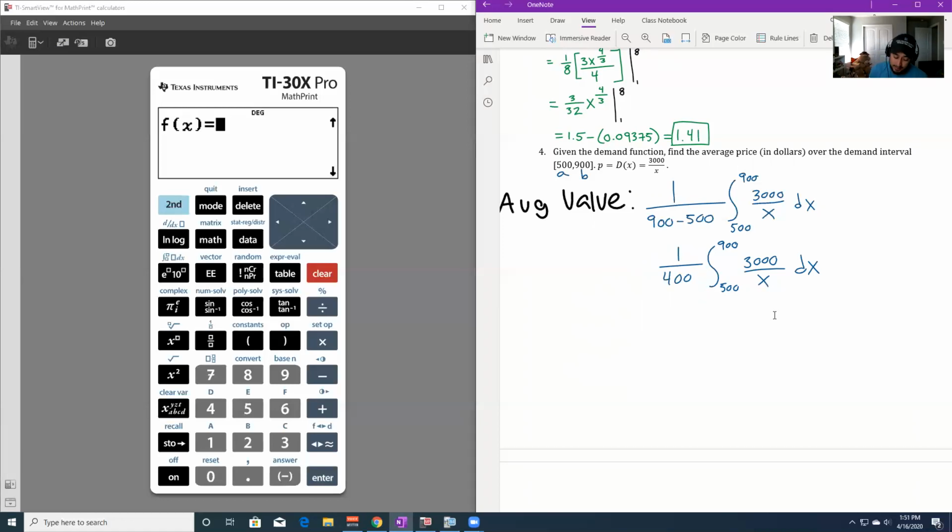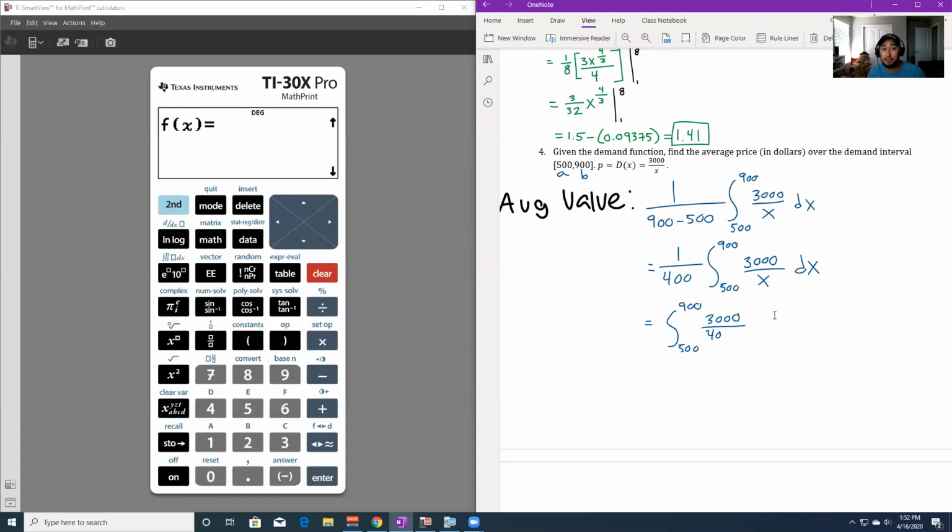If I multiply that in, I get the integral from 500 to 900 of 3,000 over 400x dx.